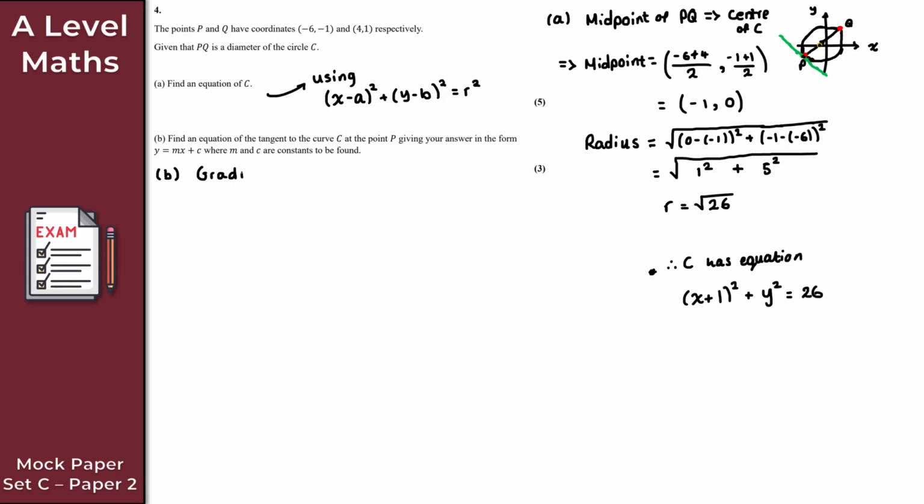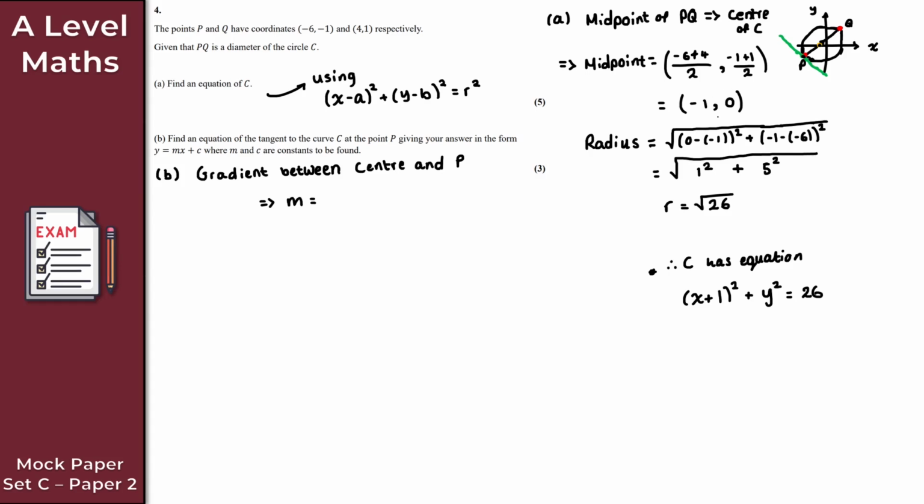So the gradient between center and P is given as, so it's m here, right, for the gradient, is equal to y2 minus y1 over x2 minus x1.